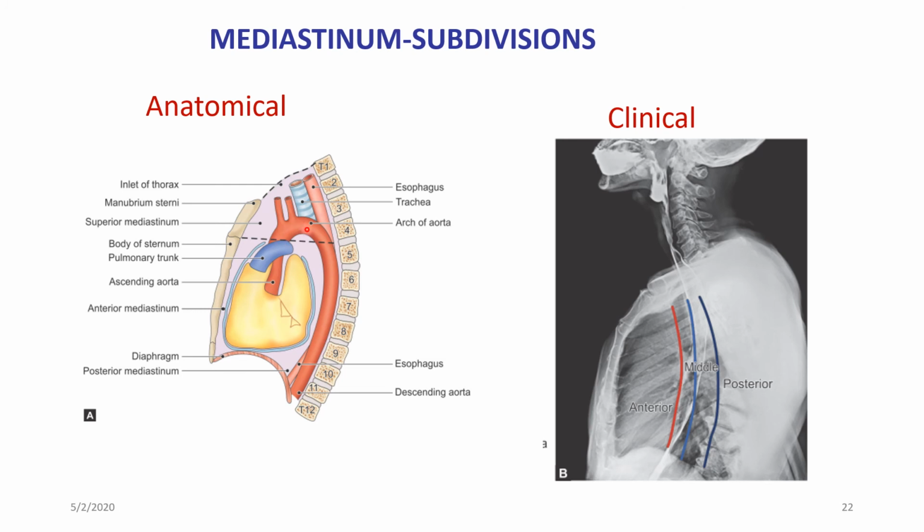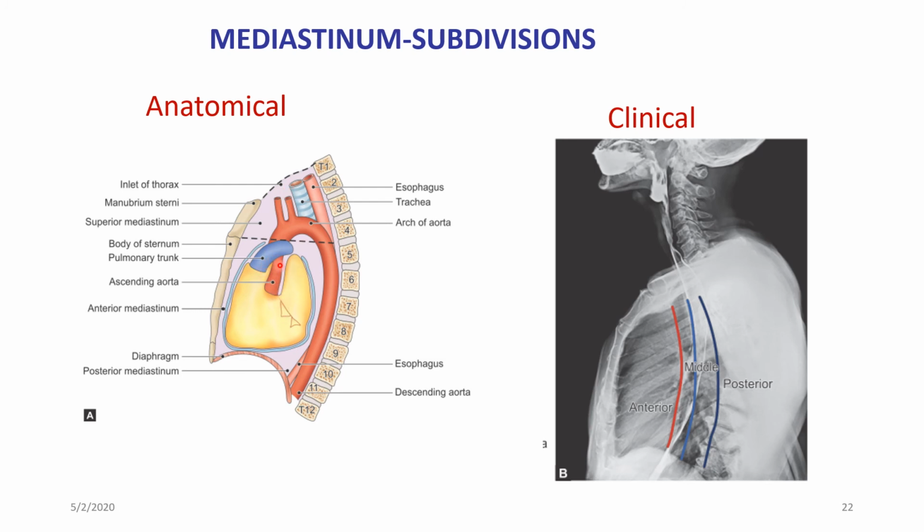excepting that this is the arch of aorta and descending aorta. So the descending aorta is a content of which mediastinum? Posterior mediastinum. And the arch of aorta and its branches are content of superior mediastinum.